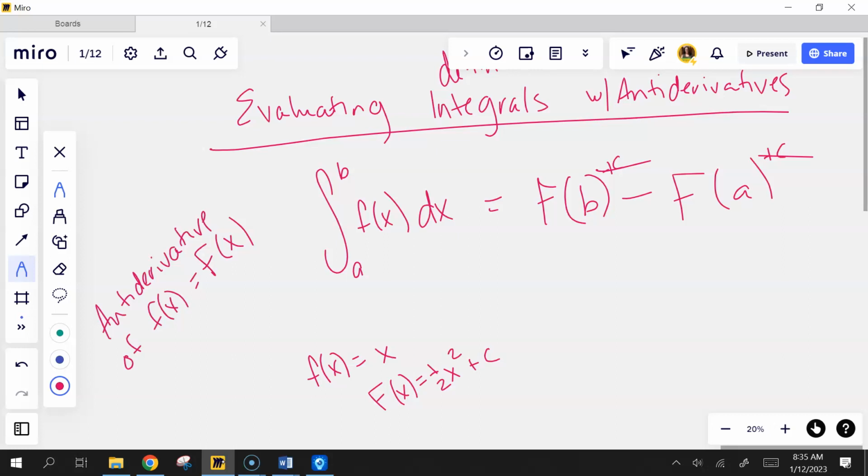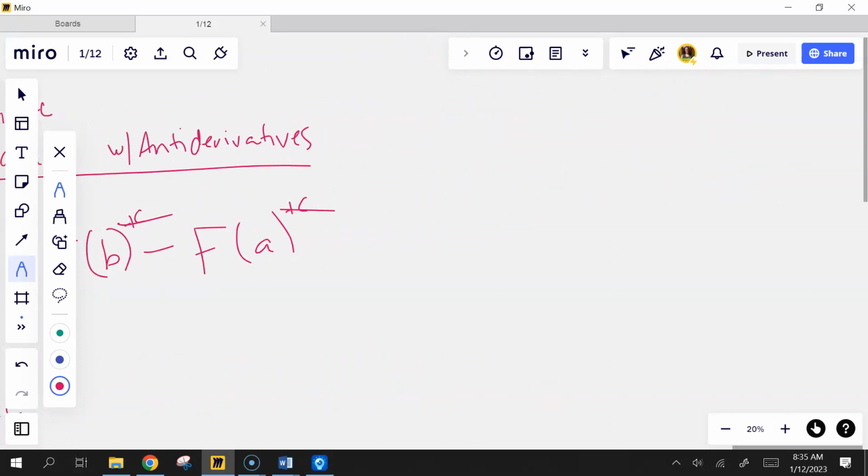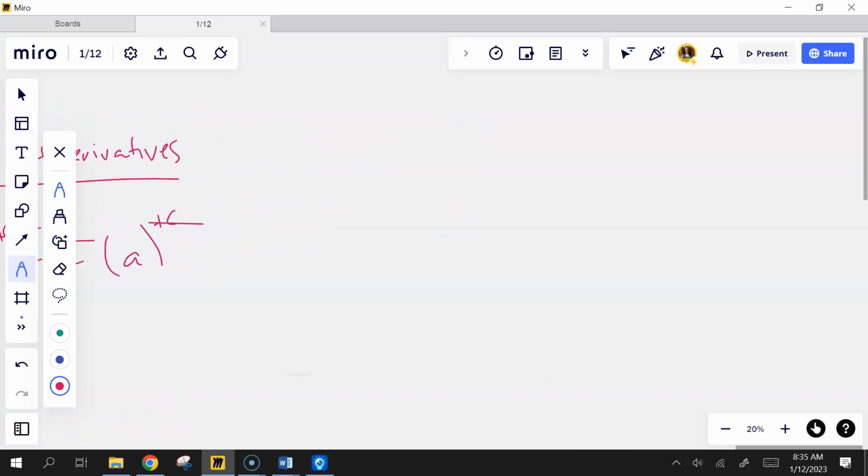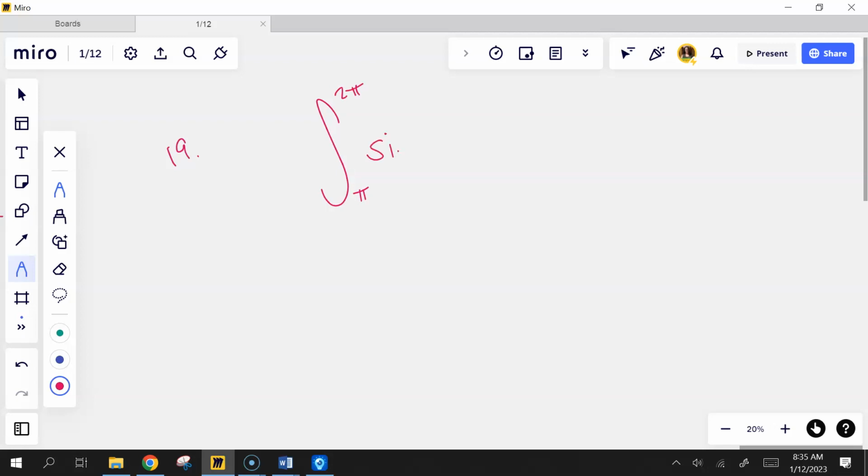So let me show you an easy example, and this is weird, just barely dabbling in evaluating definite integrals without geometry. This is number 19 for your homework. If I need to evaluate this, without a calculator, of course, I can first identify the antiderivative.